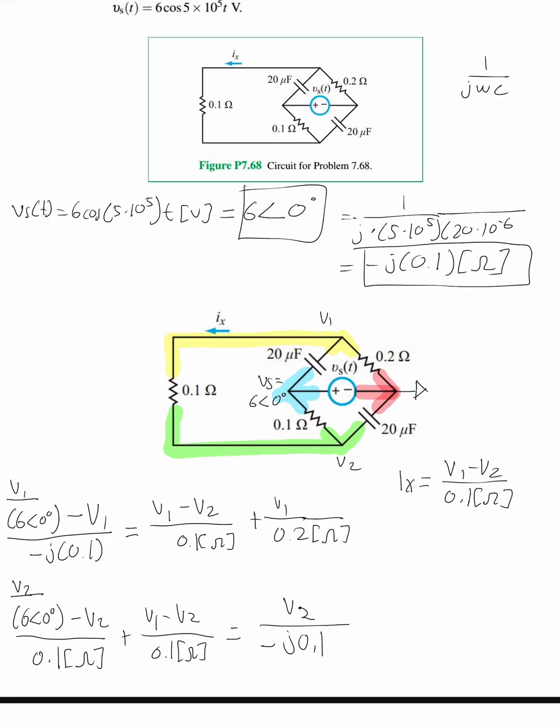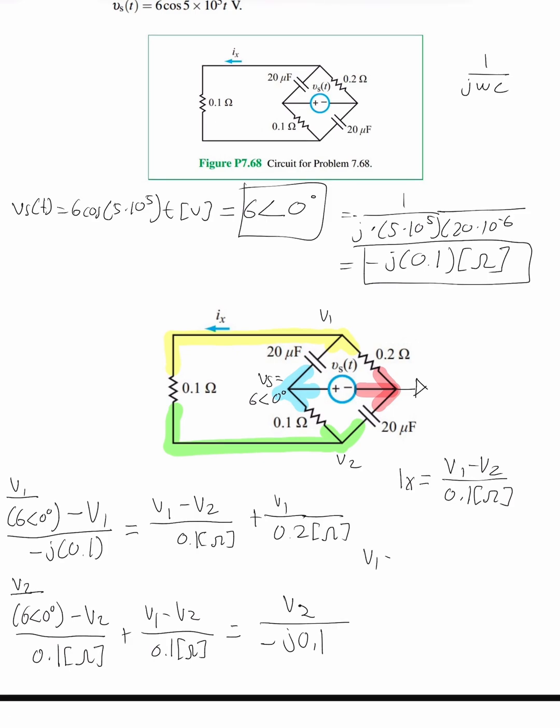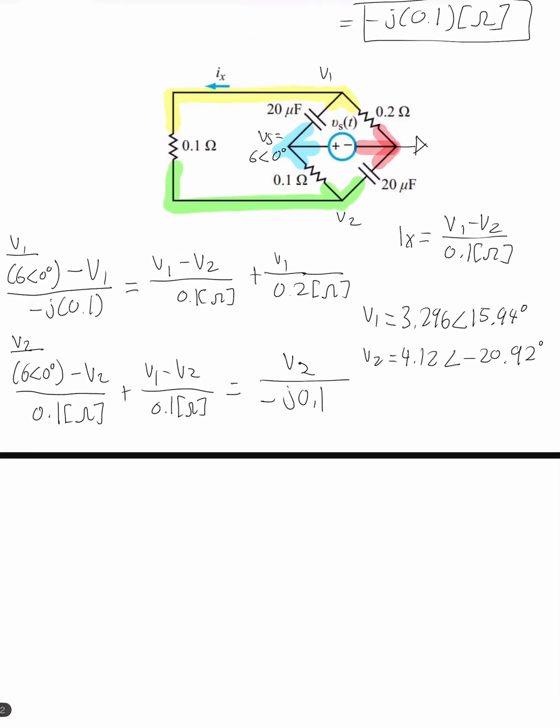And then you're going to get, for the answer for V1, 3.296 angle 15.94 degrees. And V2, you're going to get 4.12 angle negative 20.92 degrees.